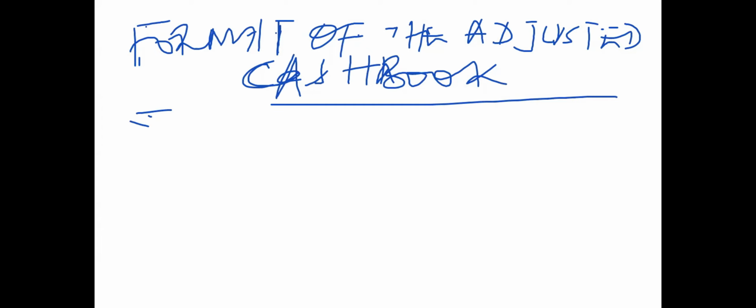Therefore, when you are starting your adjusted cash book, you always begin with the balance of the cash book. So if it is a debit balance, then you put it on the debit side of the adjusted cash book. And if it is a credit balance, then you also put it on the credit side of the adjusted cash book.